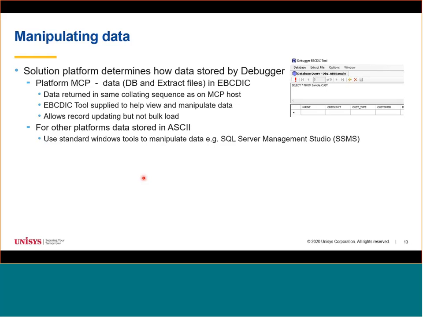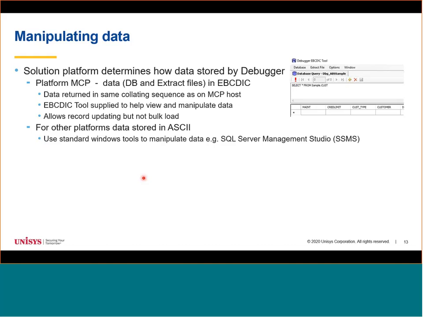But if you did that on Windows, and Windows uses ASCII to store the data, then ASCII numbers come before alpha, and so you wouldn't get any alpha fields. So it does mean that if you want to simulate that behavior and you've got that behavior in your code, you do need to have the data in EBCDIC to give you the right collating sequence.